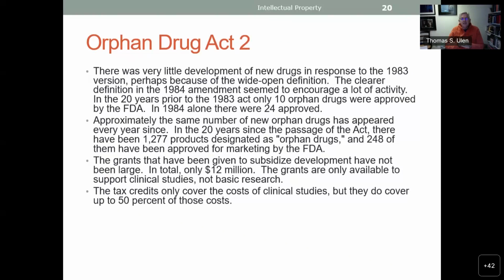It provides an encouragement, and in some cases a subsidy, to pharmaceutical companies who will invest resources in developing something that affects 200 people or less a year. That's not enough people that you can realize a large stream of revenues to justify an innovation. But the Orphan Drug Act addresses this situation.